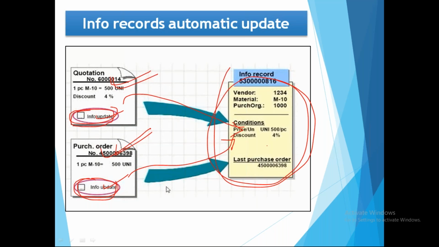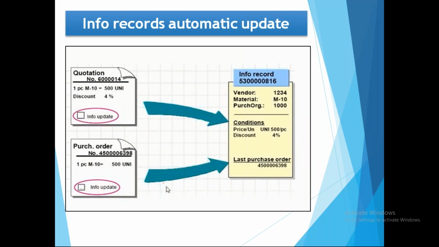Let's say your current price is 450 INR or euros per piece. Now in the quotation or purchase order you enter the new price. So when you activate this info update, this new price will get updated into the purchase info record. That's what will happen.